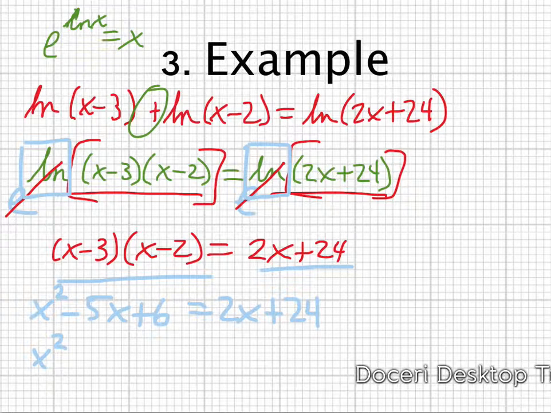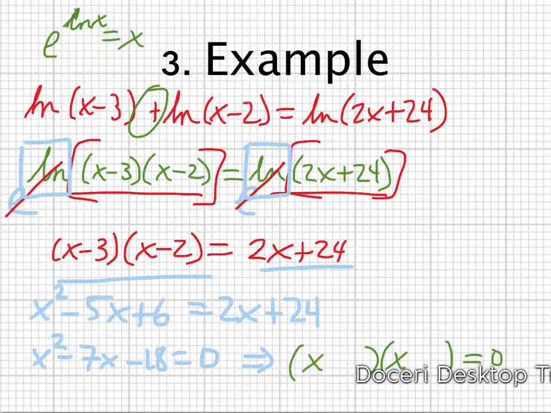So I get x squared minus 7x minus 18 equal to 0. The reason I want to do this is because I can now factor. When I factor, this gives me x times x, something equal to 0. What two numbers multiply to give me negative 18 and add to negative 7? That's negative 9 and positive 2.